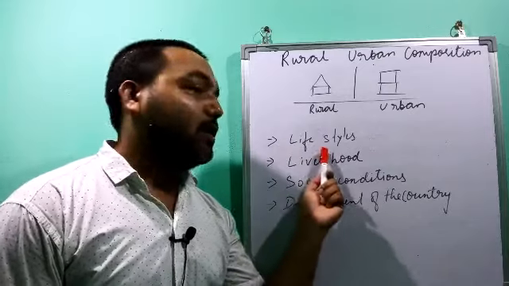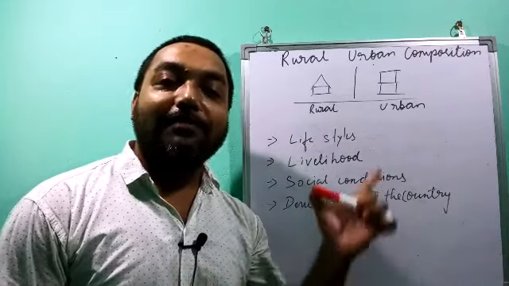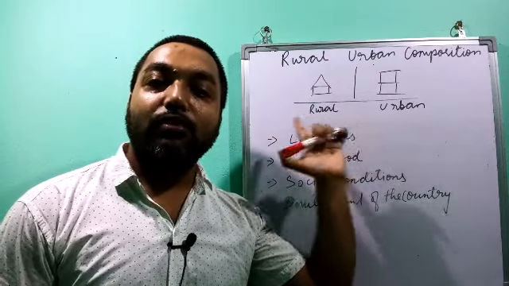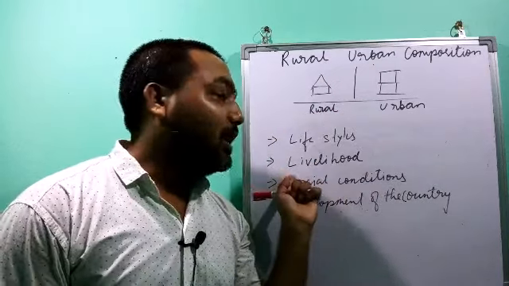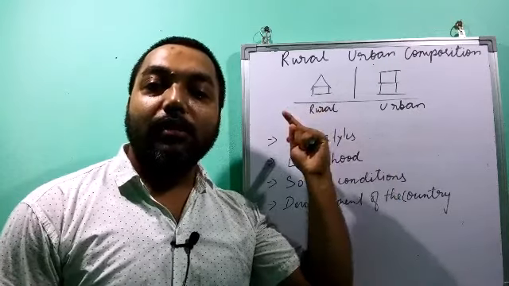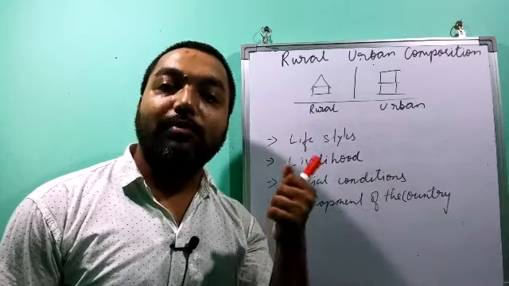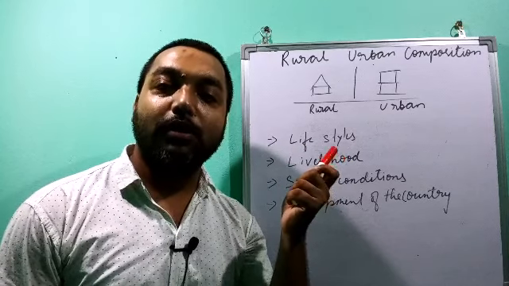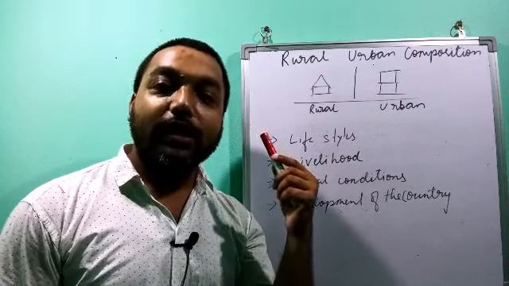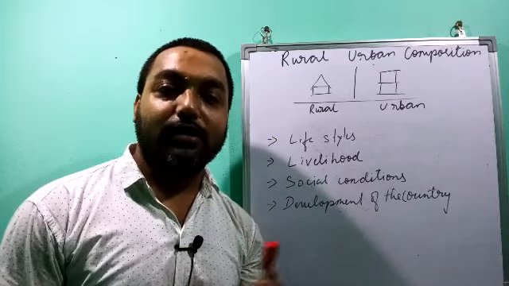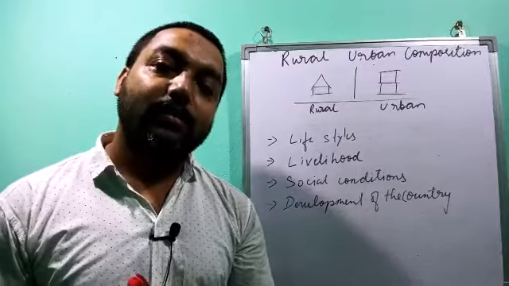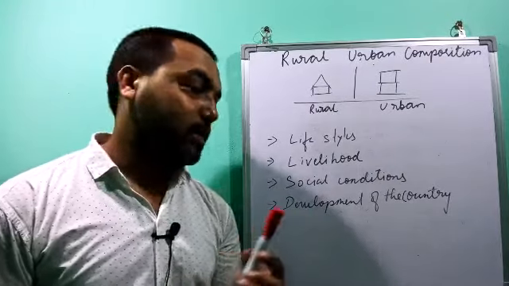So the first thing is lifestyle. The lifestyle of people living in rural area and people living in urban area are different. Next, livelihood. The working of people, the work or job of people living in rural area and urban area, are different. More population in the rural area are engaged in agriculture or primary activities, and more population in urban area are engaged in secondary and tertiary activity.